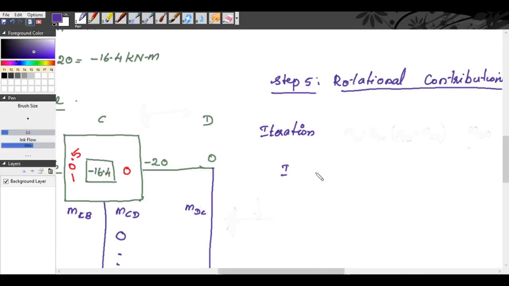In the first iteration we will find MBC. MBC will be equal to RBC multiplied by MFB plus MCB. Now MBA will be equal to RBA multiplied by MFB plus MCB.